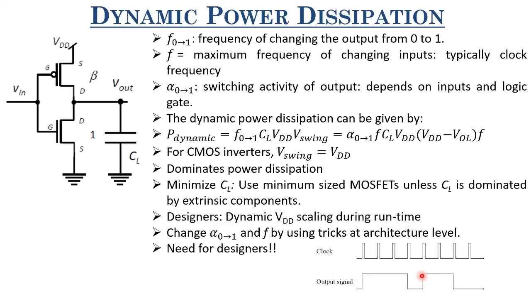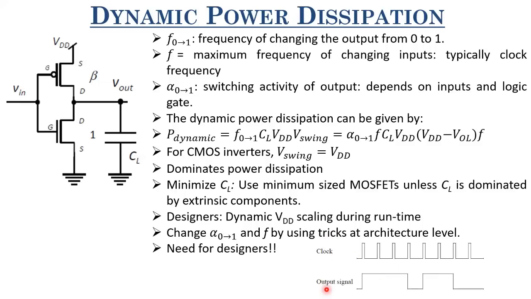Only 2 times. So the switching activity alpha 0 to 1 is simply 2 divided by 8, that is 1 by 4, which is 0.25, the typical value for inverters when its inputs are statistically independent. So that is how we typically calculate alpha 0 to 1.